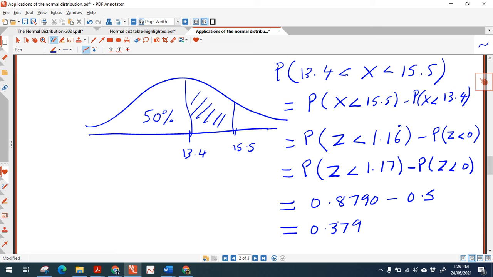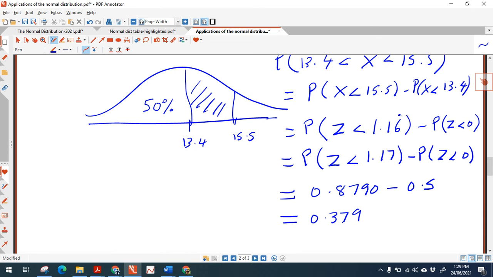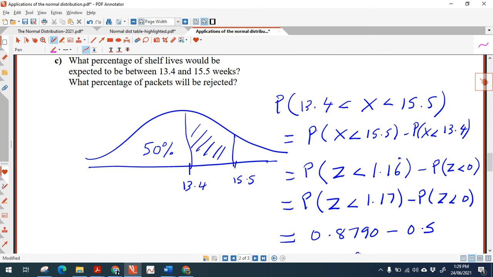Okay. So that is your answer. Now we could obviously express that as a percentage. So that would be sufficient, or you could write it as 37.9%. Now I just want to make sure you understood the inequality part of this. So if we go back to here, you'll notice that I've written two probability terms.